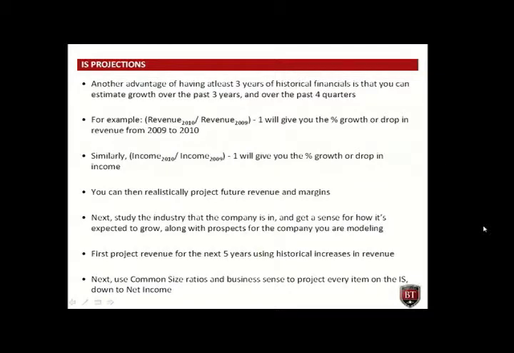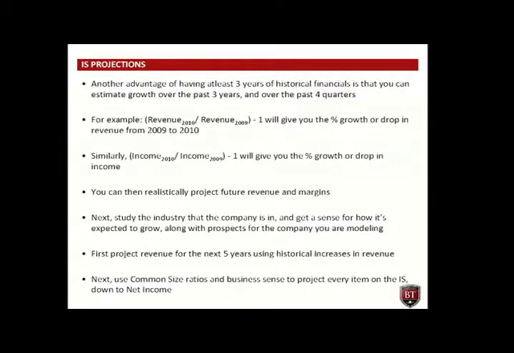Now, beyond studying historical financials, it's also very important that you study what is actually going on in the business that you're trying to project out.